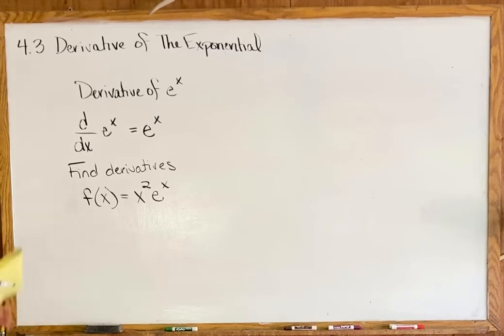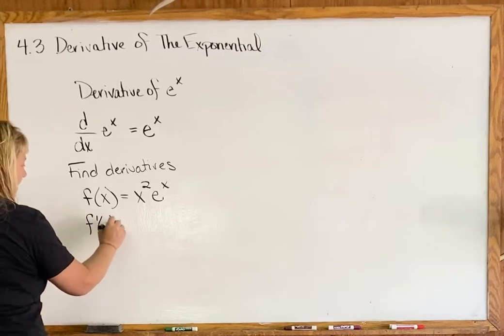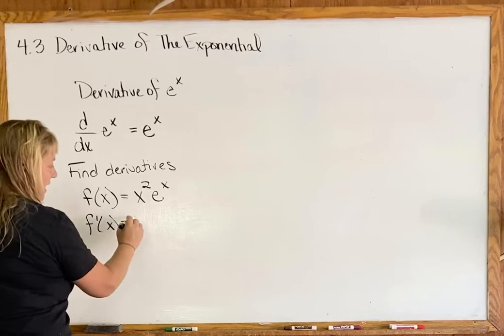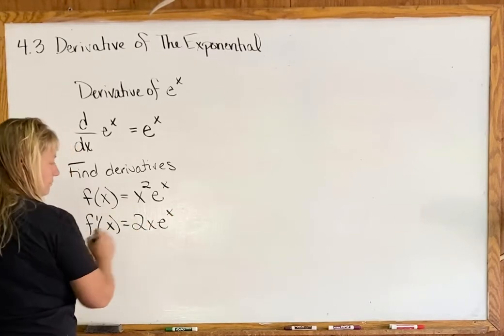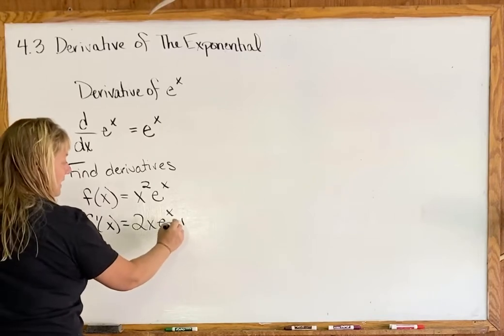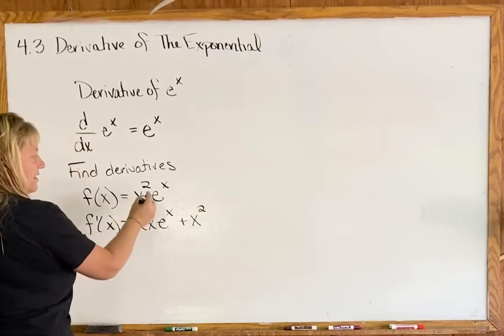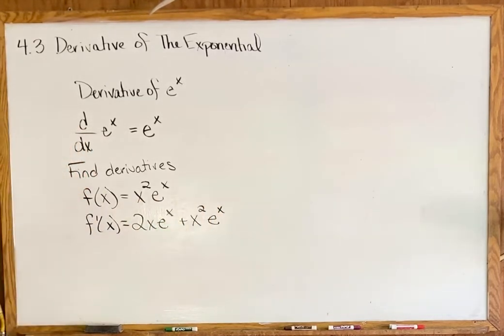If we want the derivative, we'll say f prime of x. We take the derivative of the first, so 2x, leave the second alone, plus leave the first, take the derivative of the second, which is just still e to the x.